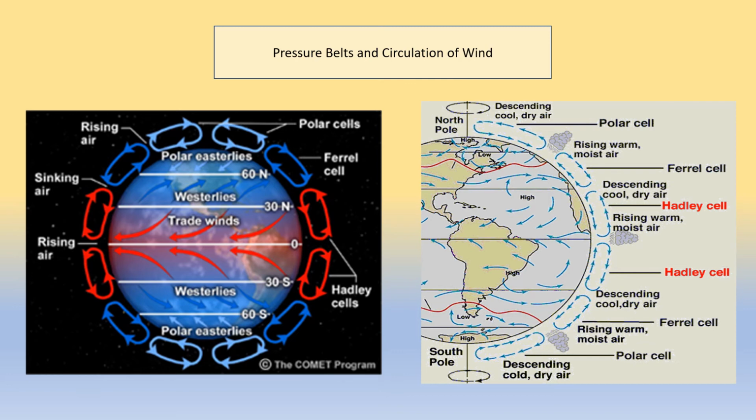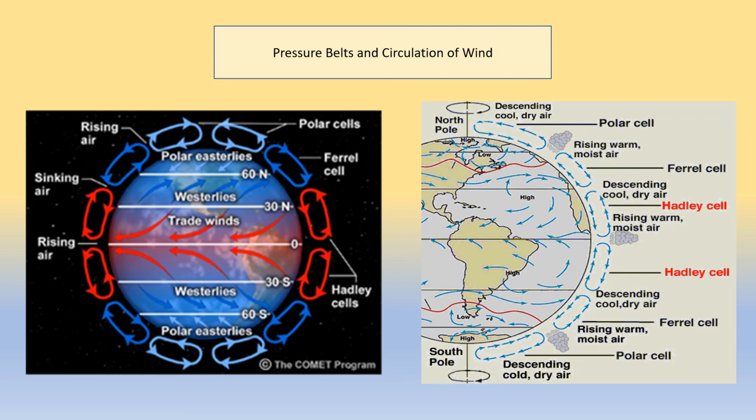These three types of circulation of air can also exist in the northern and southern parts of the Earth's surface. Can you see this diagram, which is more clear to you? This red color, which is warm air, tries to move up to 30 degrees, then it sinks, it gets mixed with the winds coming from the polar air, the cooler air, it tries to sink, and therefore the air becomes much warmer.